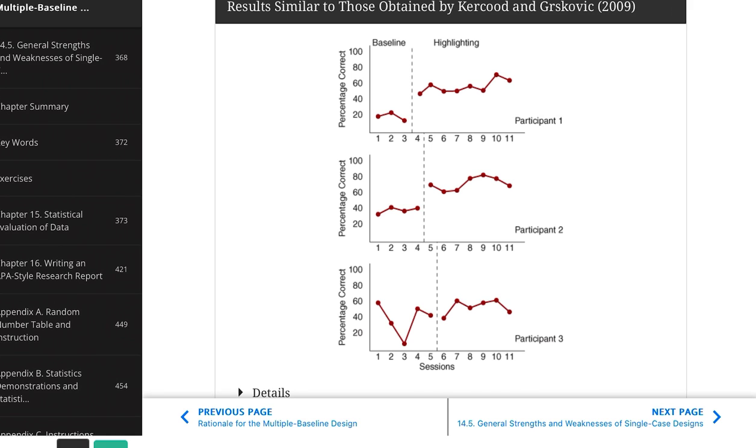That's one of the weaknesses of multiple baseline design, because you're using multiple participants or multiple behaviors, and there are just differences that may make it harder to see and conclude what treatment is the most effective.